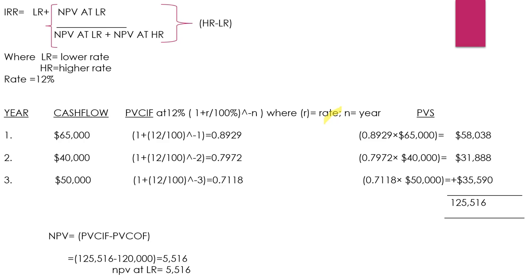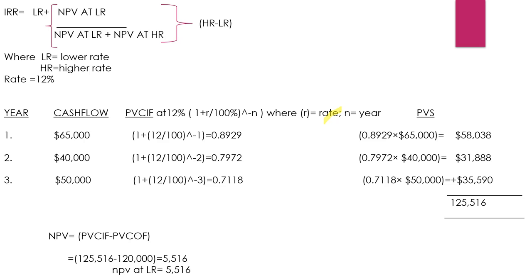So the value you get is 0.7972. So for us to get the present value of cash flow, we multiply 0.7972 and the cash flow $40,000. So the present value of cash flow is $31,888.